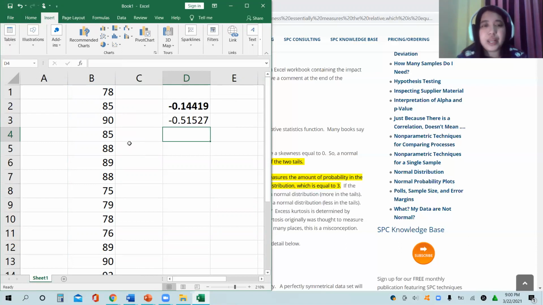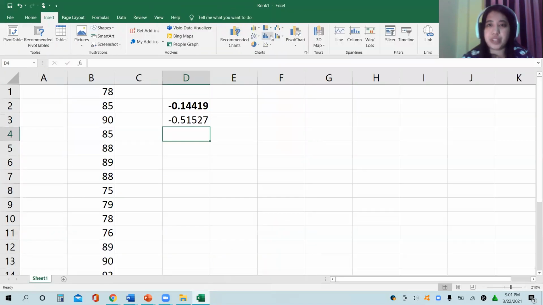It is below 3, or rather below a negative 3, which means it is also normally distributed. So the value of skewness is supported by the value of kurtosis. So no doubt, this data is normally distributed.